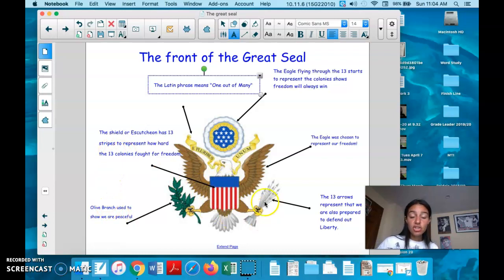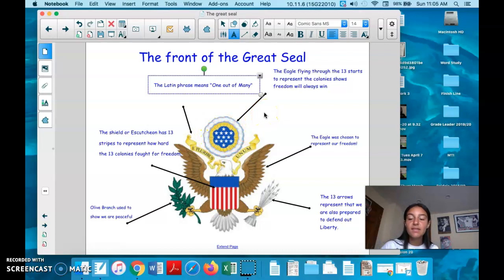We keep going this way. We see a shield in the middle. This shield, or escutcheon, has 13 stripes. The 13 stripes represent the 13 original colonies of America and how they fought for our freedom. If you see here, the eagle's flying through, and if we count, there are 13 stars here.